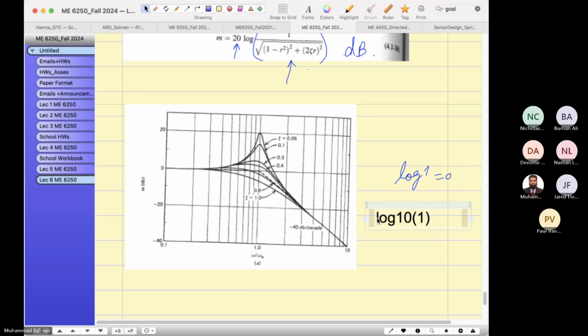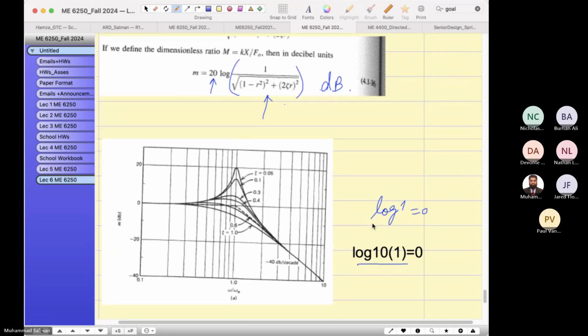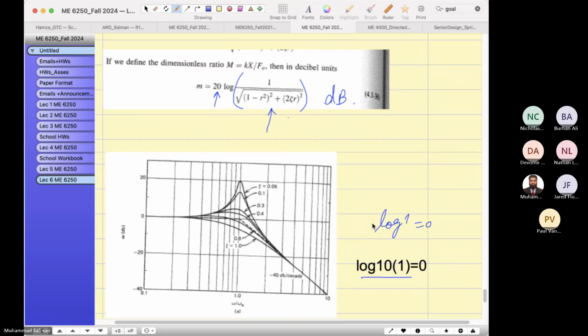This bump shows me that the resonance is occurring over here when omega over omega n equals to 1, and this shifts to the left as the zeta value keeps on increasing.